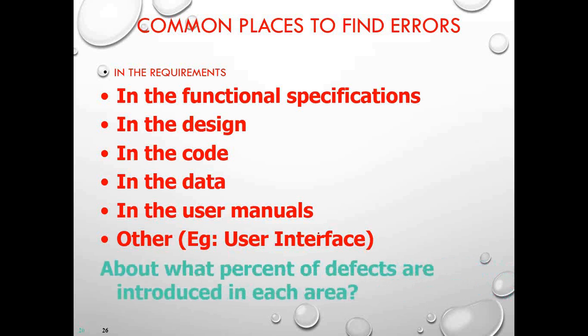What percentage of defects are introduced in each area? That is a very good question. We need to understand how it works, where exactly most of the issues are found. There is something called the 80-20 rule. What is the 80-20 rule?